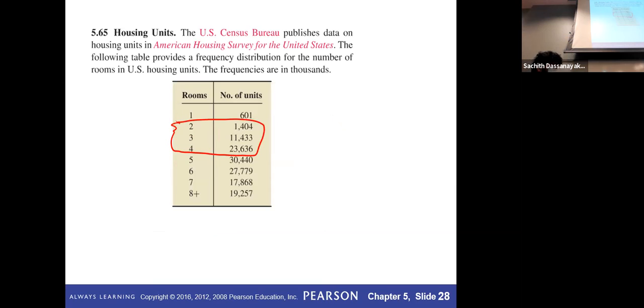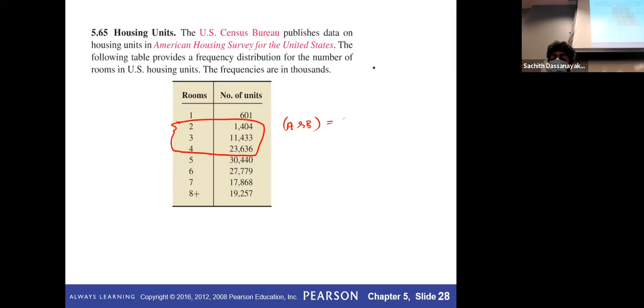Including 2 and 4, right? So this event means what? Summation of these three numbers. So the event is B and C, right? No, A and B. Simply A and B is the summation of these three.